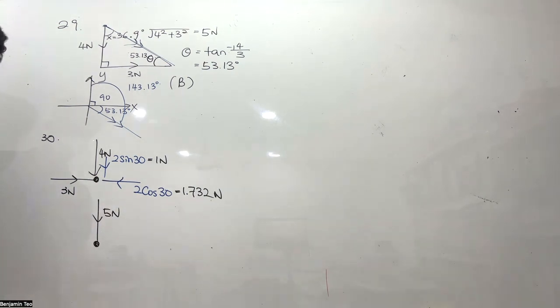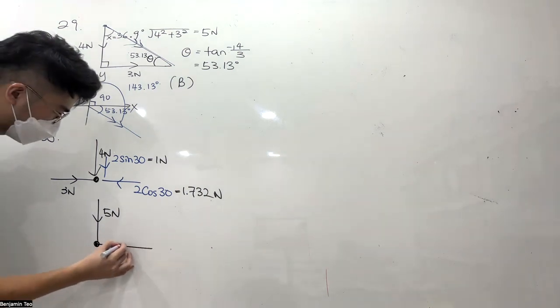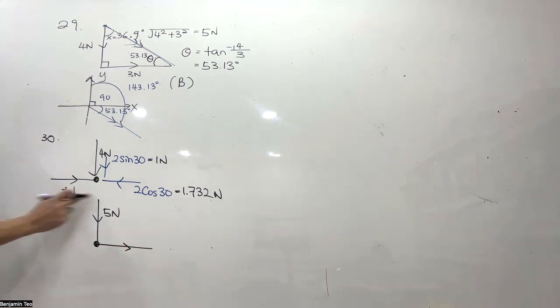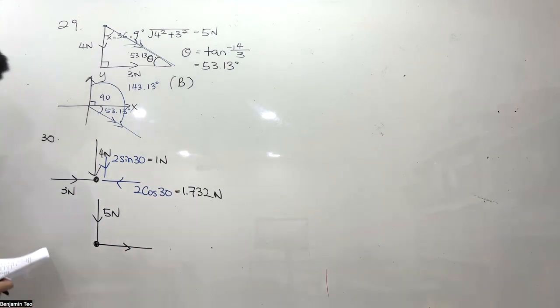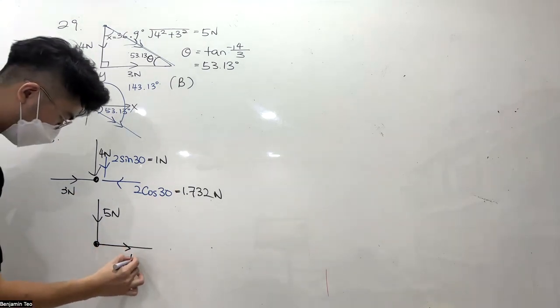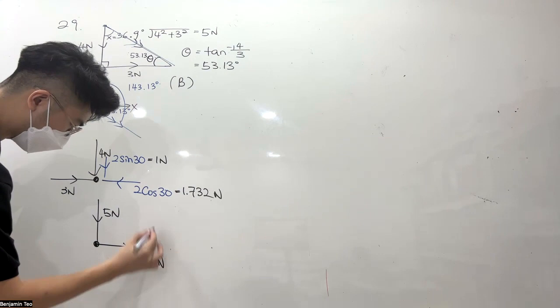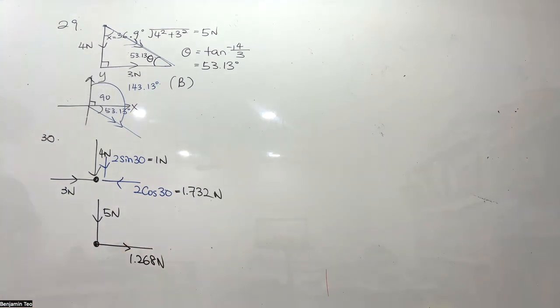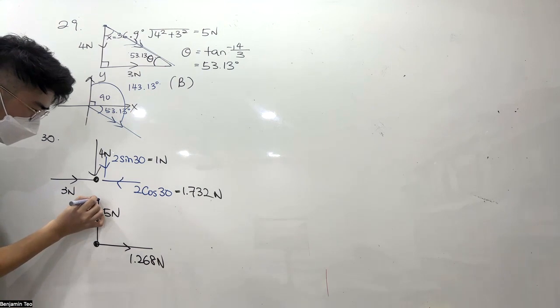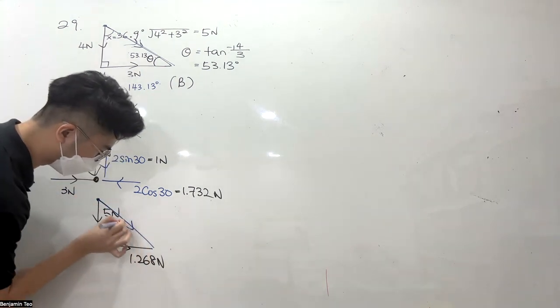And then go with 3 minus 1.7. Okay, 1.268 Newton. Resultant, starting to ending.